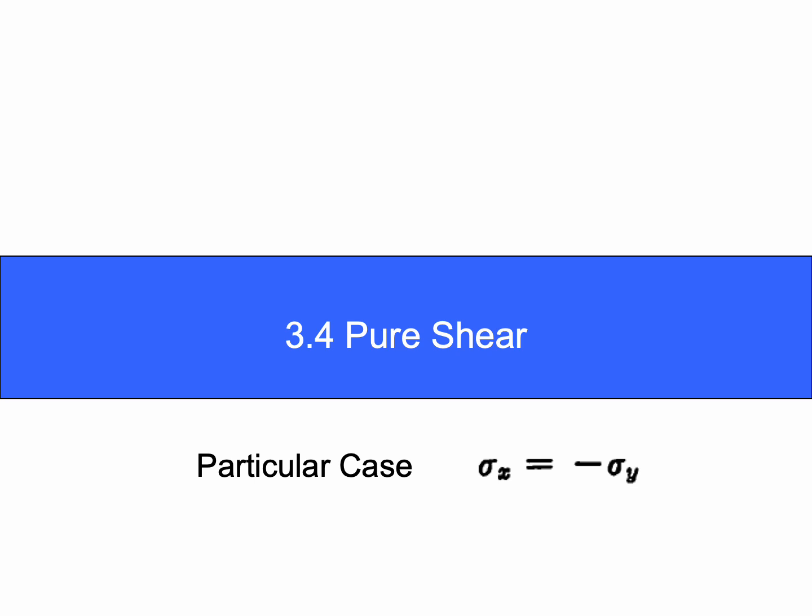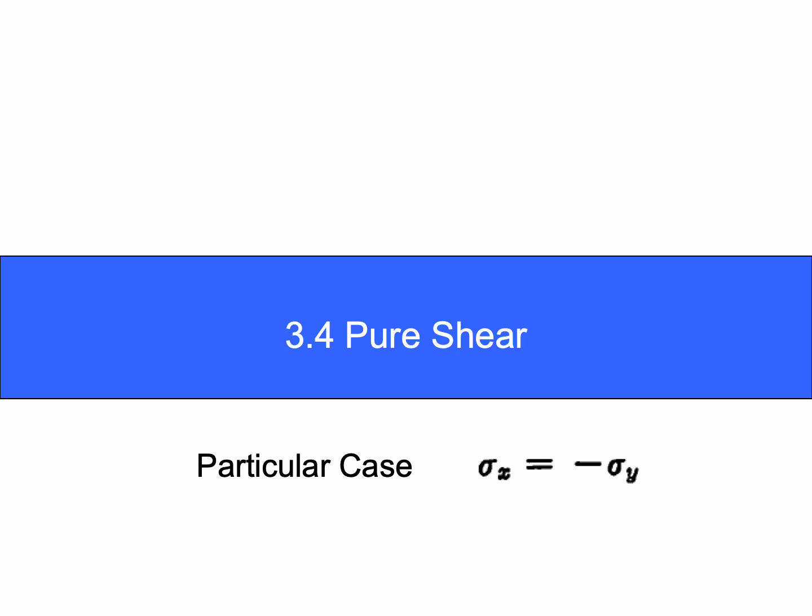From this slide, we are going to study a special biaxial stress state called pure shear. Pure shear is a state in which the stresses in perpendicular directions have the same magnitude but opposite signs. This is exactly the same case as the example problem given in the previous slide.